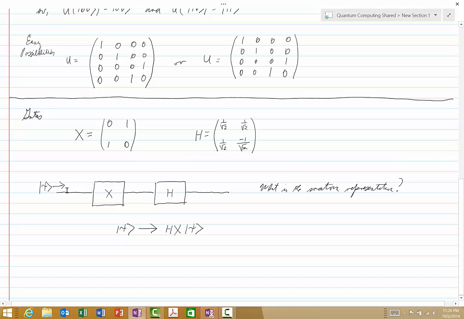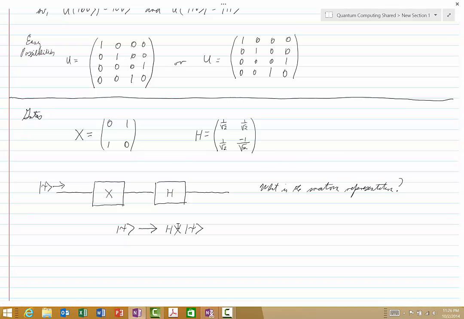So the point here is that as you're reading from left to right, these boxes go in the order X, H, but in the matrix equation, they will go in the order H, X. So just remember how this ordering goes when you write your matrix equation.